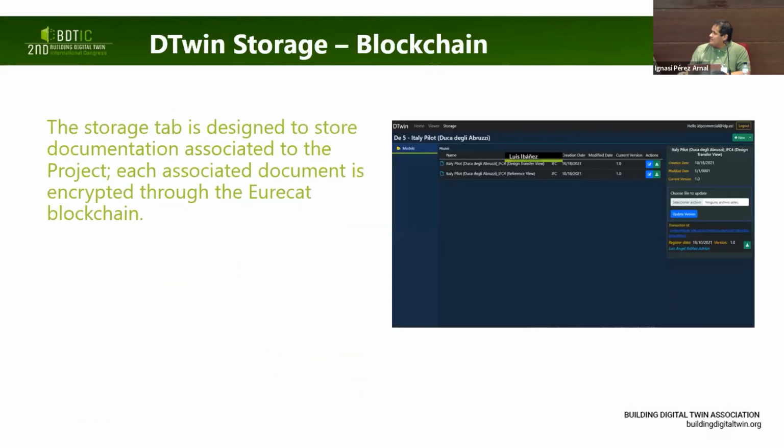The last part that we have is the storage. We built one service that is going to integrate with the blockchain. In this way, all the documentation related to the project can be stored, and it is also possible to have traceability with blockchain.